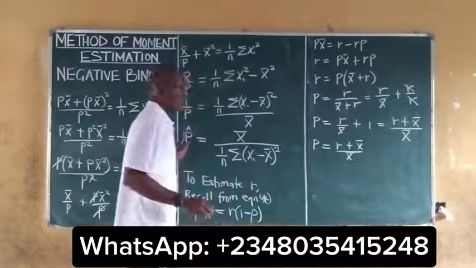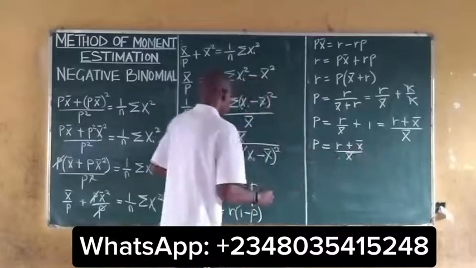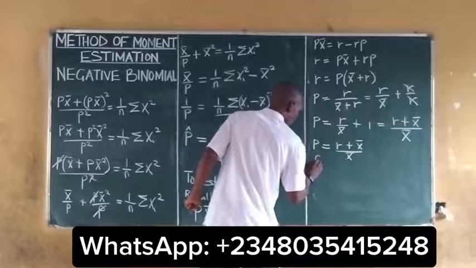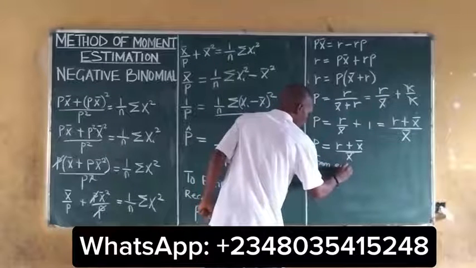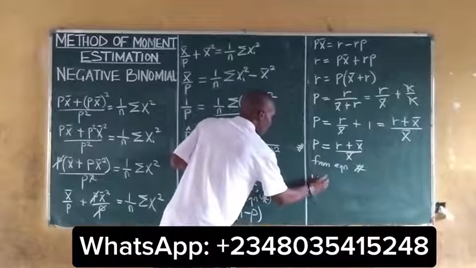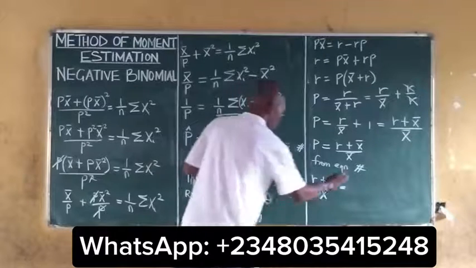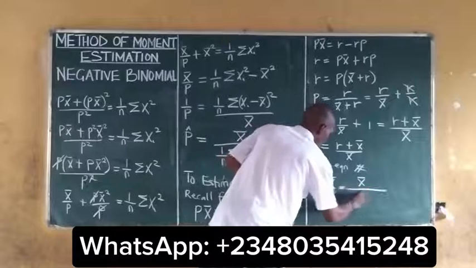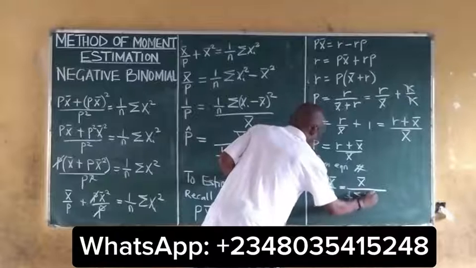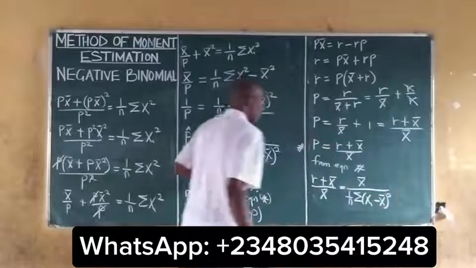Then from our P estimate, anywhere we see P, we put the whole of this inside. So if we say this is our equation hash, from equation hash we now have R plus X bar all over X bar to be equal to X bar all over 1 all over n summation of xi minus x bar all squared.